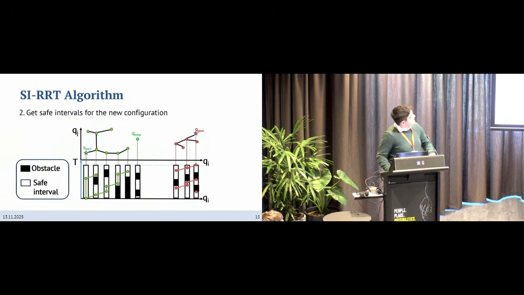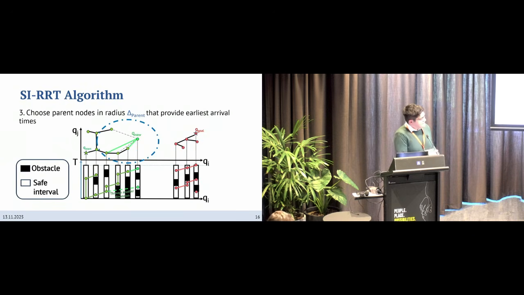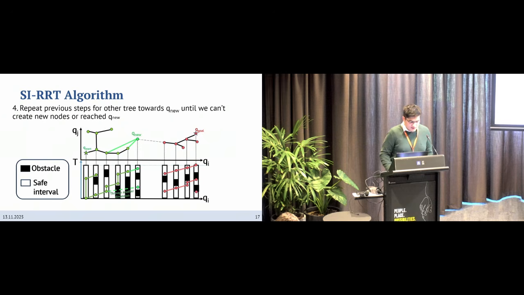Then we get safe intervals for this new configuration, and then we try to connect each safe interval to some parents in some radius, and we choose such parents that give us the earliest arrival time to this safe interval. And then, as in RRT-Connect, we try to connect the other tree to the new nodes.